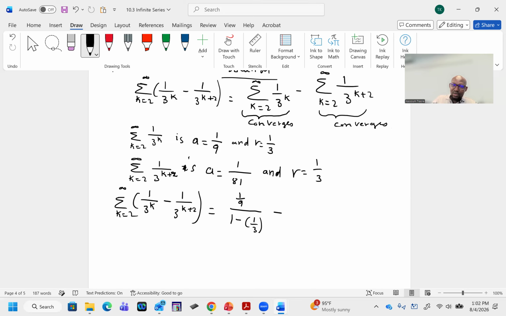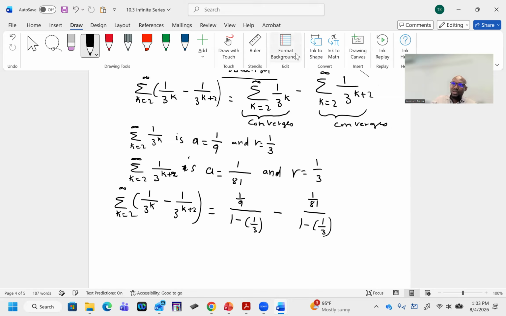For the second, A is 1 over 81 divided by 1 minus 1/3. So same denominator, right?